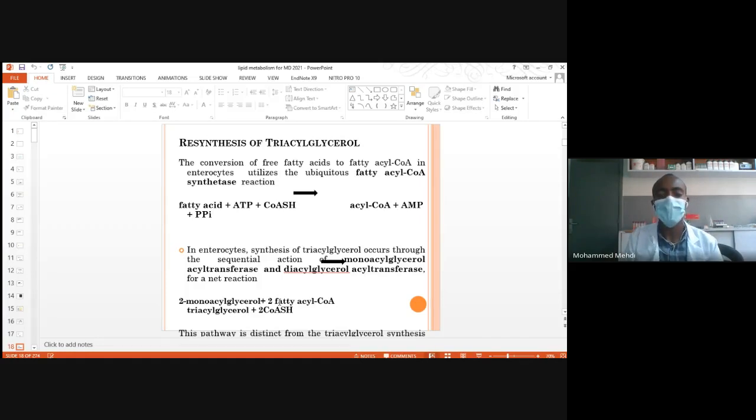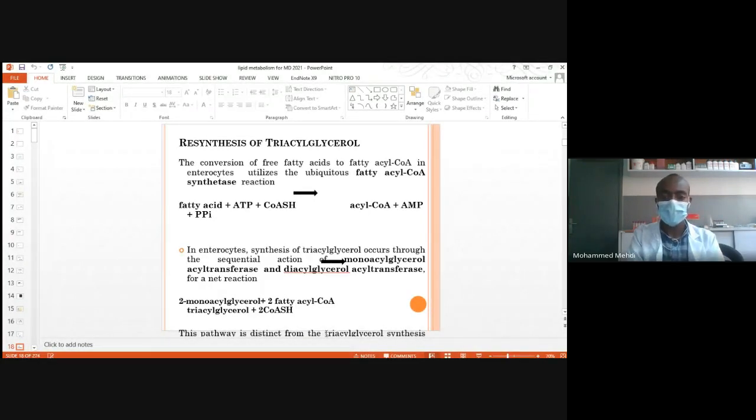First, one fatty acid is added and diacylglycerol is formed, and the third one is added for the formation of triacylglycerol, which is the last one. There will be activation first, then after activation, it will be esterified for the formation of triacylglycerol.